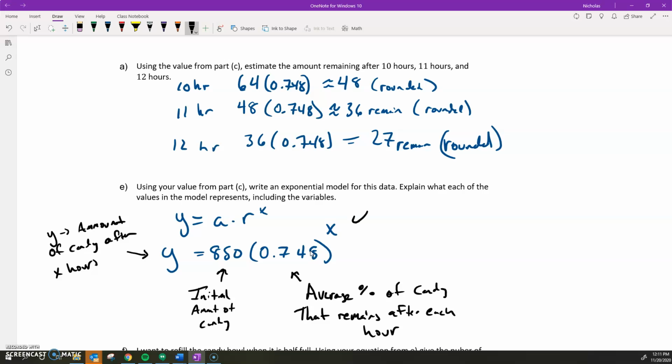And then our x value is how long, or how many hours, the candy has been sitting out.